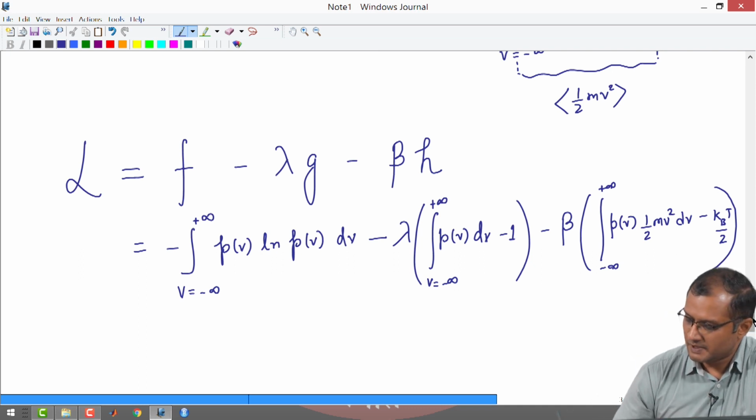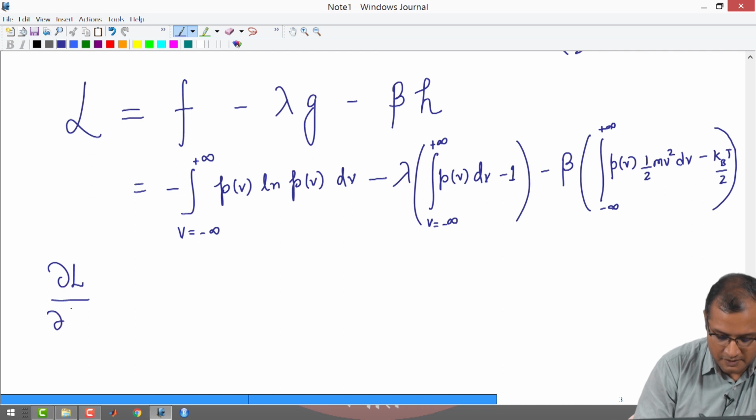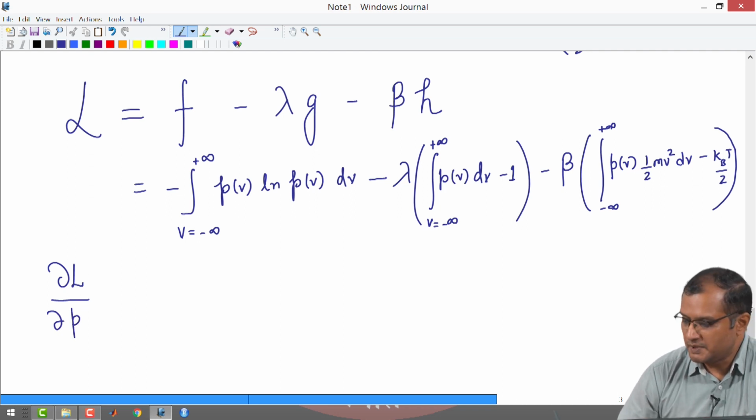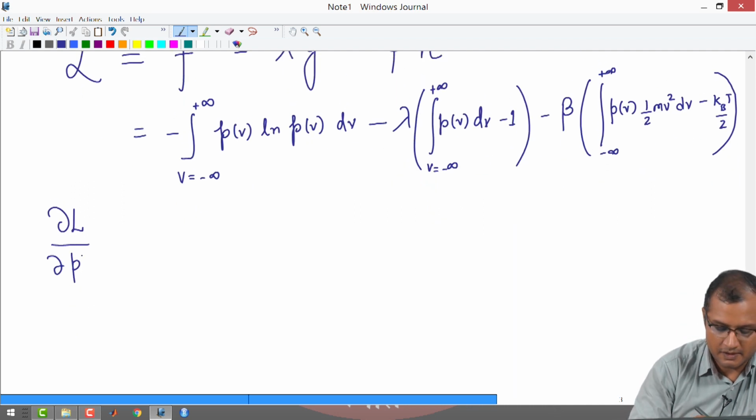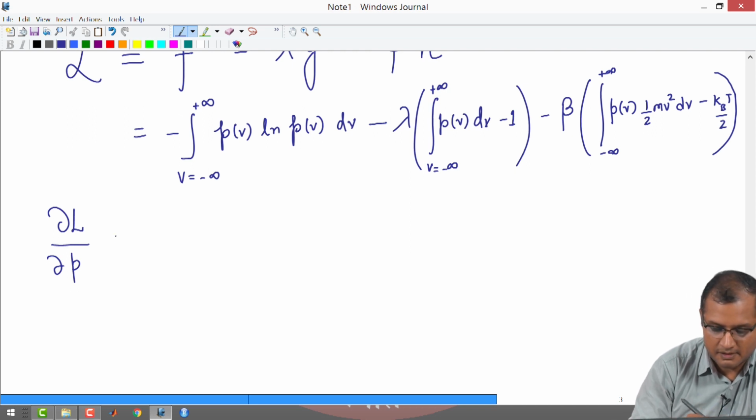And now you simply take derivatives and say that this Lagrangian is maximized by some PDF which I call P. So, this is the P that maximizes it, and so I have to set this to 0.